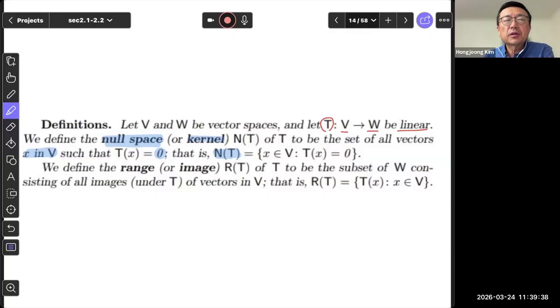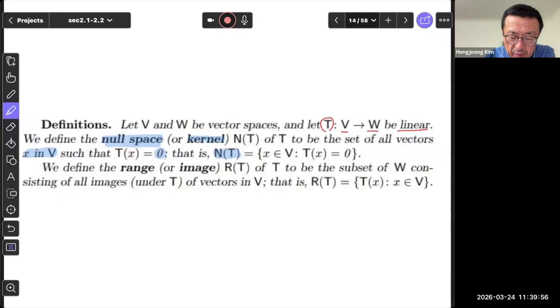Kernel is used in several places in mathematics and in our linear algebra class. When I say the kernel of a linear mapping, then that is the set of the vectors in the domain which are mapped to 0.